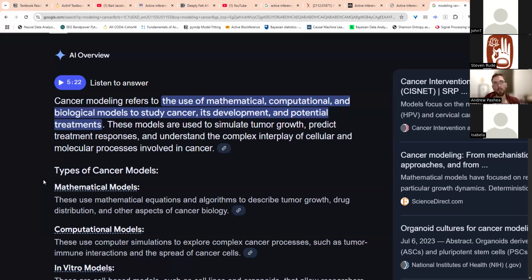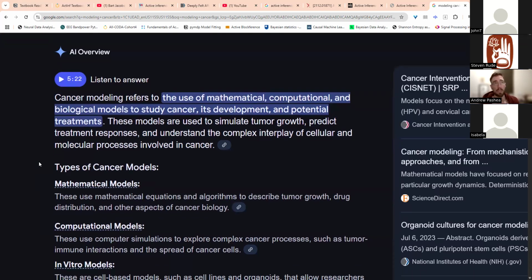In a sense, anyone who's modeling something is trying to recreate its dynamics to better understand how it functions. I just quickly Googled cancer modeling, and the majority of research being done on cancer involves computational modeling of cancer.